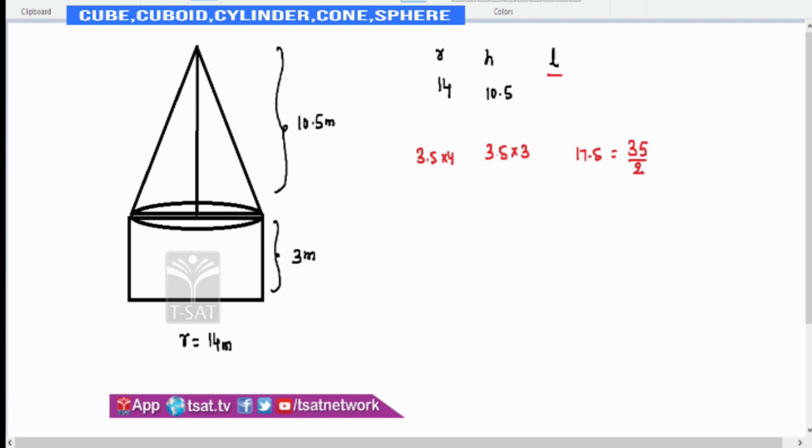So all I have to do is 2 pi RH plus pi RL. I can take pi R common, so it becomes 2H plus L. Height of the cylinder is 3, therefore it is 6, plus L is 35 by 2.